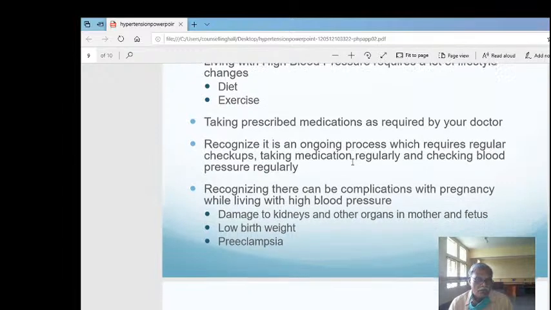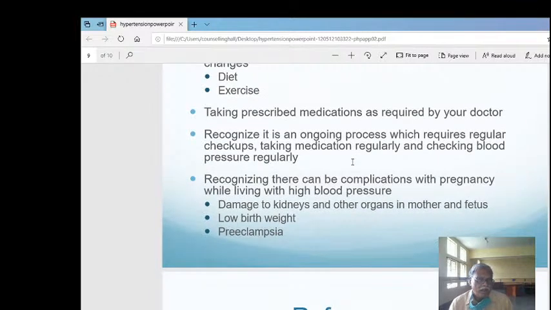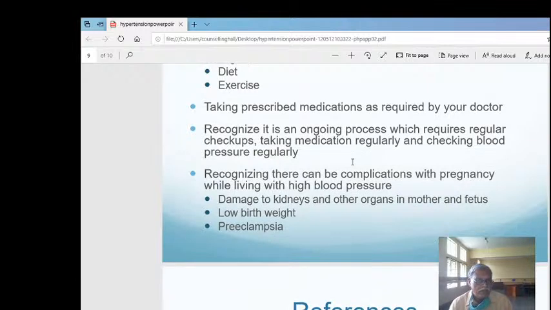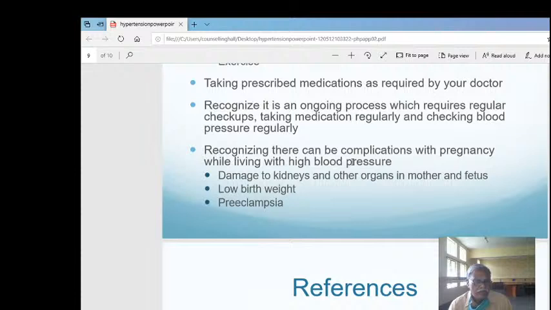So very, very essential. And recognize it is an ongoing process which requires regular checkups and taking medication regularly and checking blood pressure regularly is very, very important.